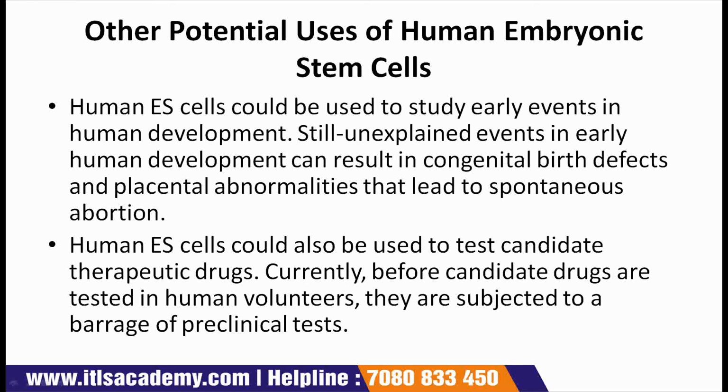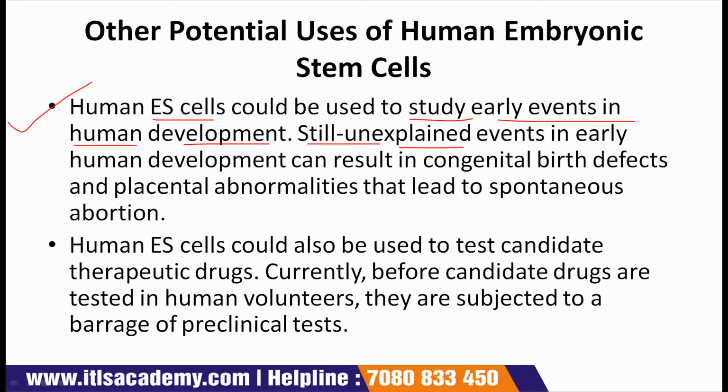We are now going to see some other potential uses of human embryonic stem cells. So the first point is, human embryonic stem cells could be used to study early events in human development.